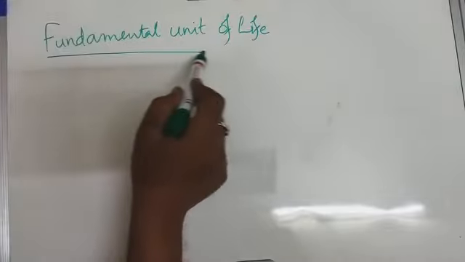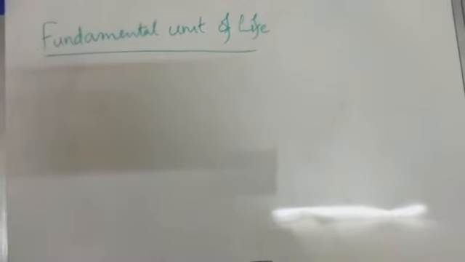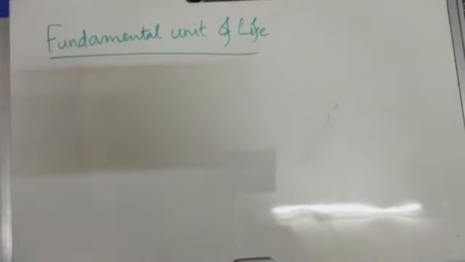In the last three classes, we have learnt about different discoveries and the basic structural organization of the cell. We have learnt about the relation between the shape, size and function of the cell, and the function of the plasma membrane.